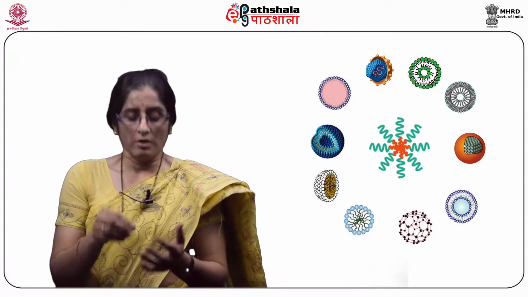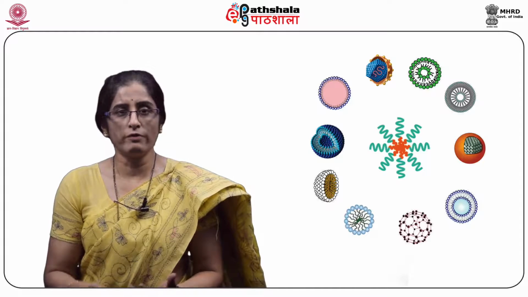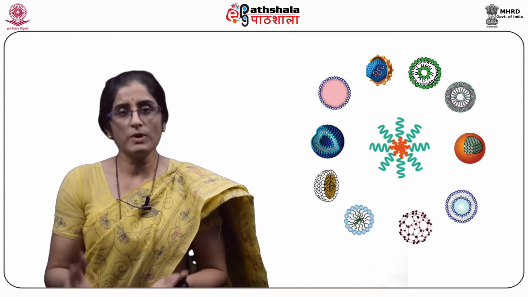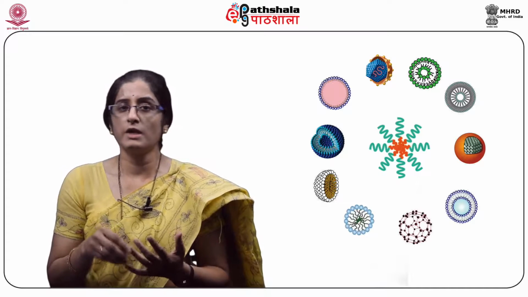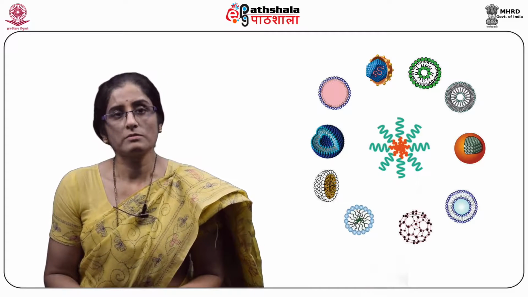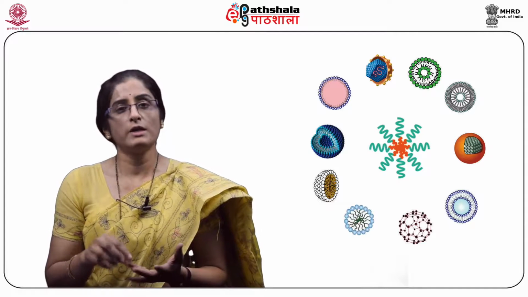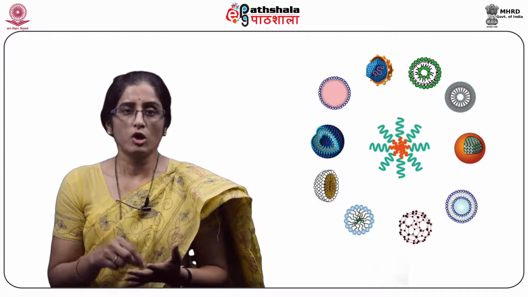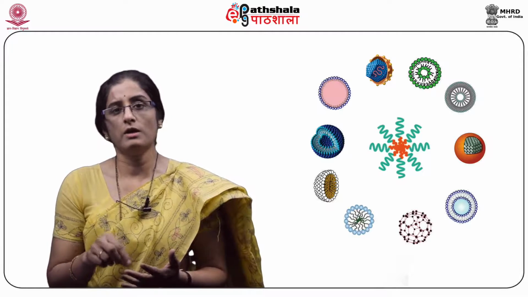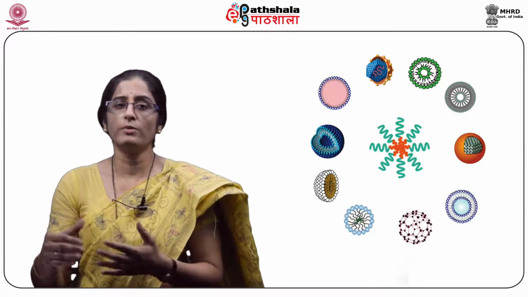While in case the drug is not soluble in the solvent, or it is in the dispersed state, in that case the nanocapsules are going to be formed. The preparation of nanocapsules and nanospheres depends on the solubility of the drug in the solvent which we are taking to solubilize the polymeric material.